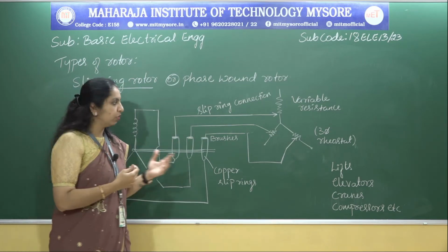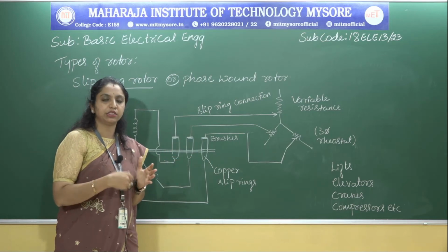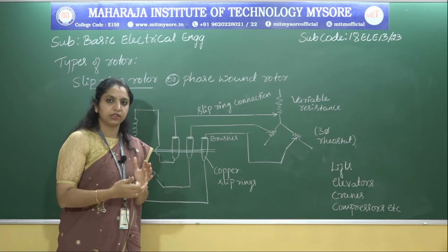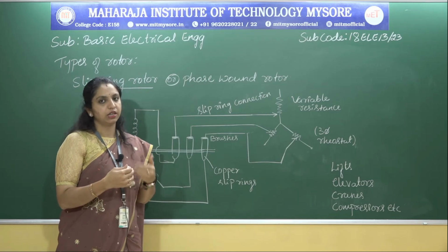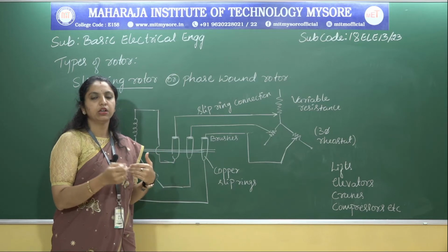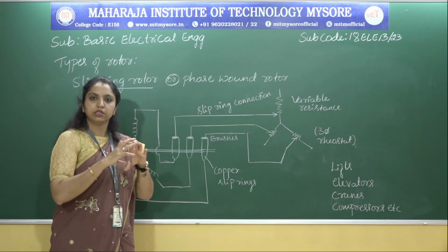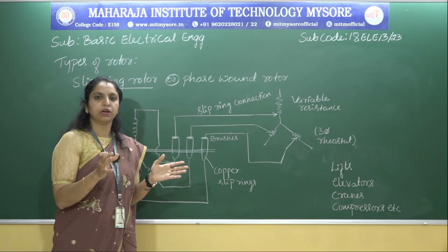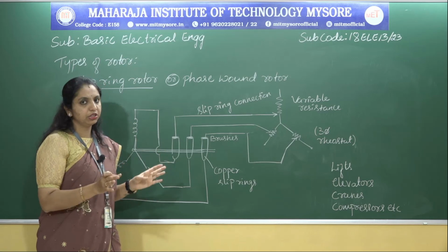When you look at the working principle of this circuit, here we can have any external resistance, to control or to obtain high starting torque. But in the previous case, that is the squirrel cage rotor, external resistance cannot be added, since the longitudinal bars are permanently welded or permanently short circuited.